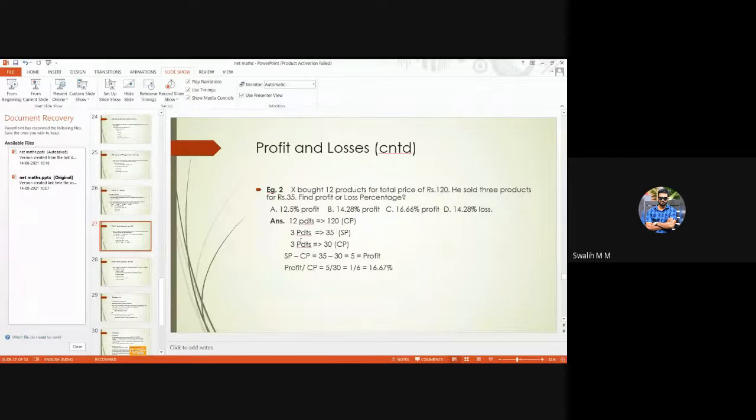You should convert the cost price also for 3 products. 3 products selling price is 35 and 12 products cost price is 120. So divide by 4, you get 3 products cost price, that is 30. Cost price minus selling price, you get 5, and 5 according to cost price, 5 by 30, that is 1 by 6. 1 by 6 is 16.66.